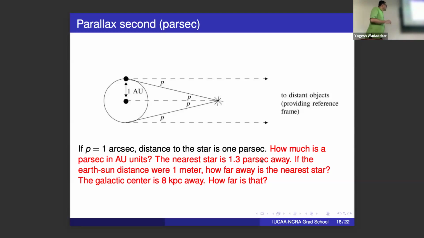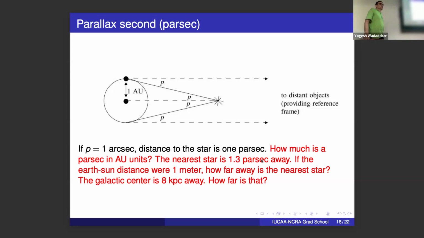Right. So how will you calculate parsec in AU units? 1 parsec times that angle should be 1 AU. Yes, that's correct. That angle should be measured in which units? Radians.